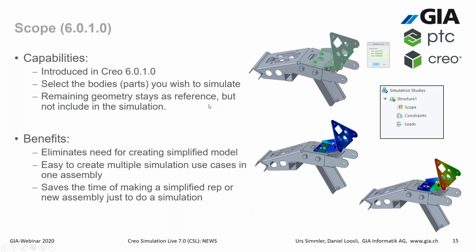Then you can set the focus on specific components. That means you do not have to create a simplified representation or that kind of stuff. You just click on what's the scope for my simulation, and you activate the components you want to have access to for the simulation.